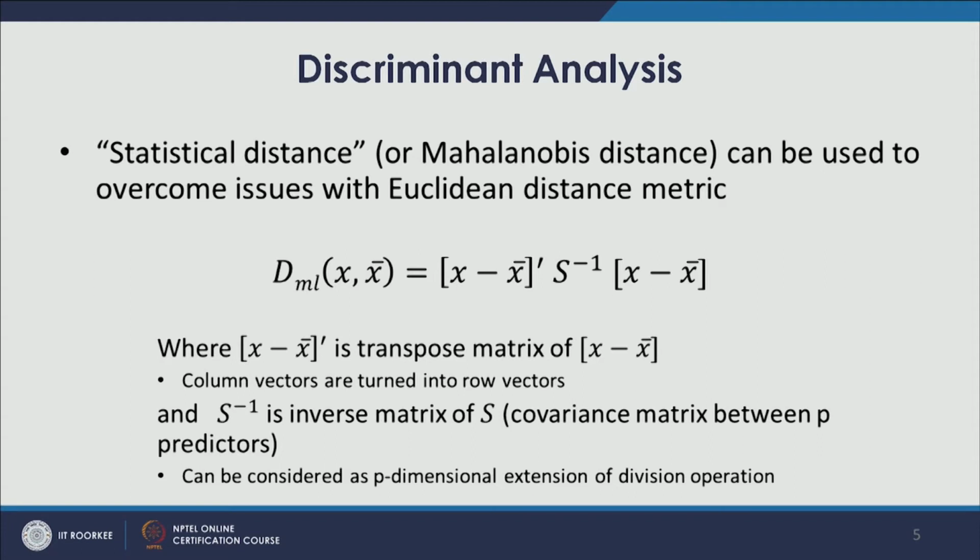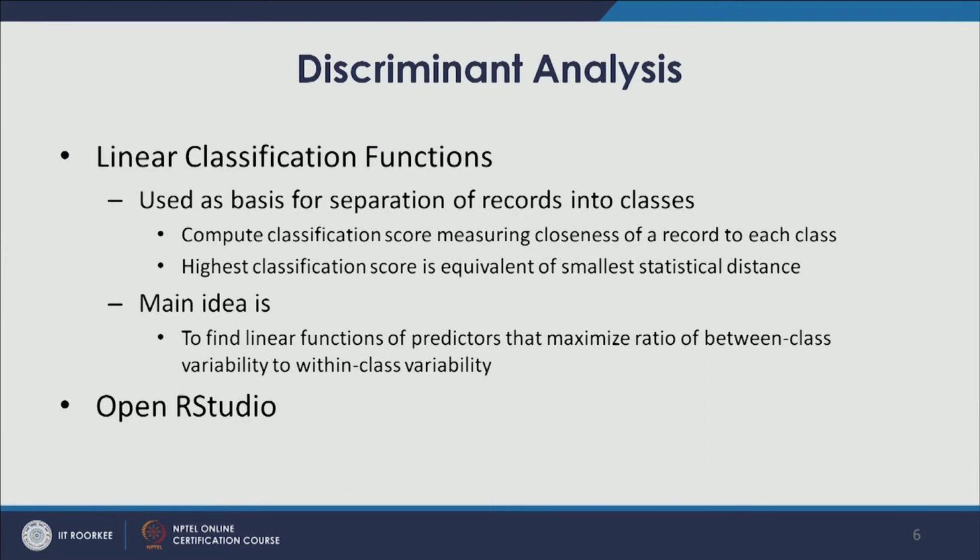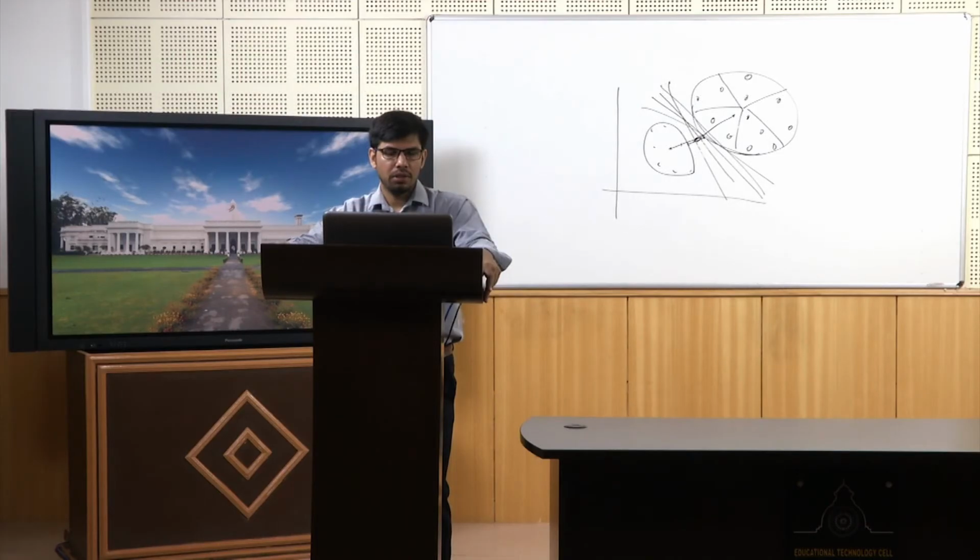So this statistical distance, the Mahalanobis distance, seems to be a much better metric for distance calculation in discriminant analysis.